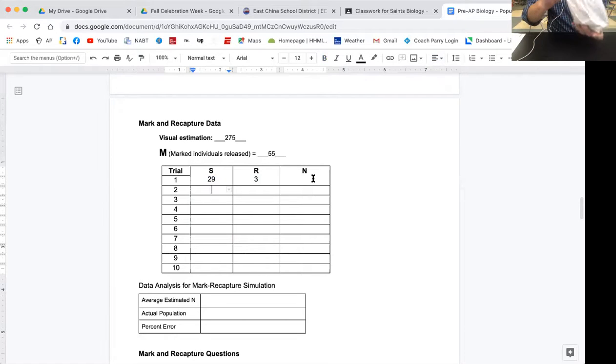Good mix. I want to be fairly consistent on my sample size. So I'm going to go 2, 4, 6, 8, 10, 12, 14, 16, 18, 20, 22, 24, 26, 28, 30, 32, 34, 36, 38 total. And of that, 2 are recaptures.